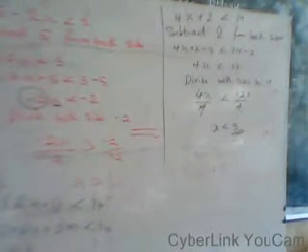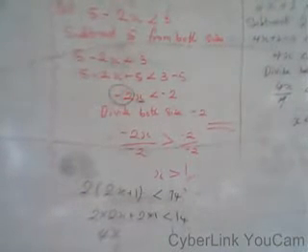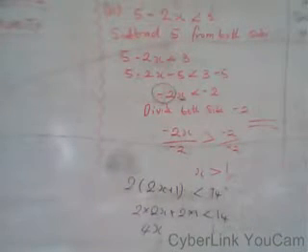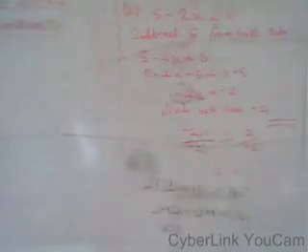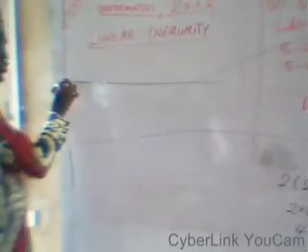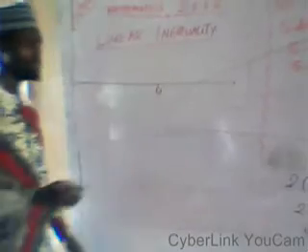When we were discussing this topic, you were told about the number line. I told you that to represent any inequality value on a number line, you have to label your number line first. A number line is something like this, whereby we have the center 0.